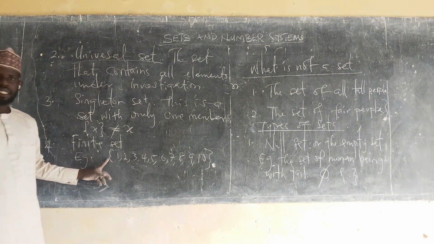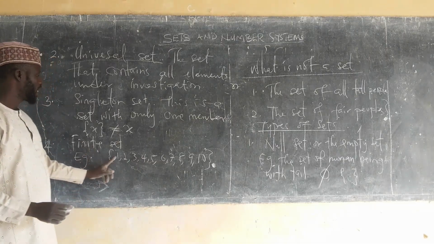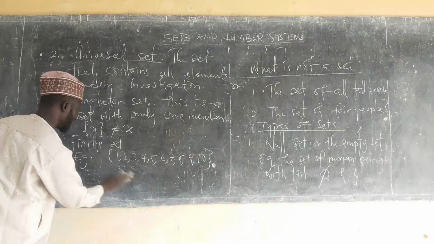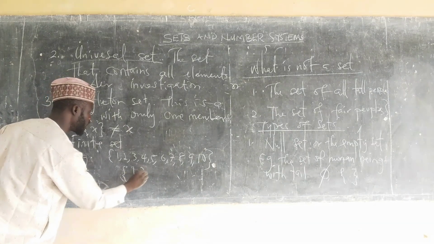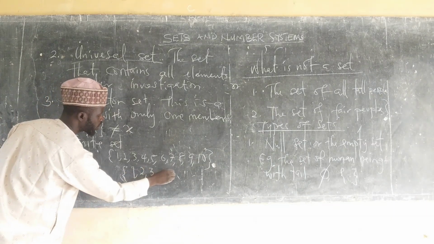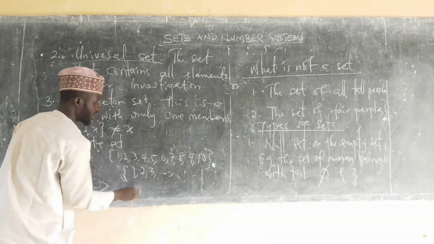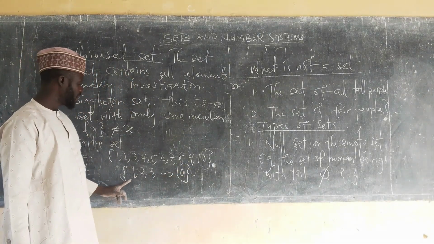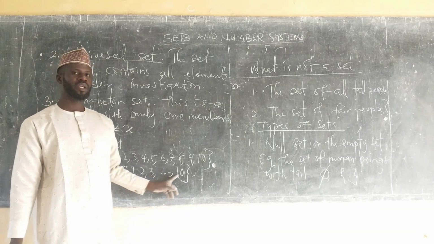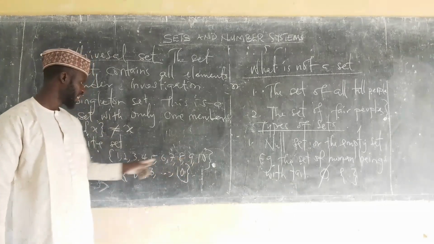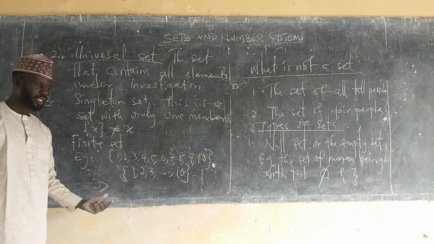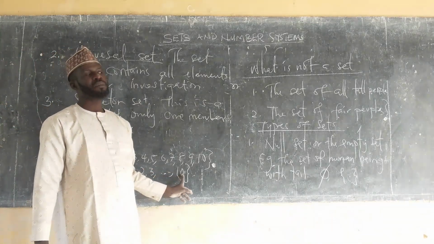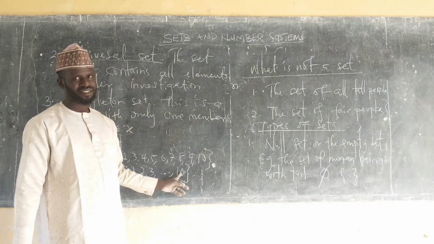Take note that in this course, to cut it short, we just write a set containing 1, 2, 3, and then put 3 dots, and then write 10. Meaning, we are talking about a set containing 1, 2, 3, up to 10, to make things shorter. So this is a finite set because I have the last member. The last member is 10.